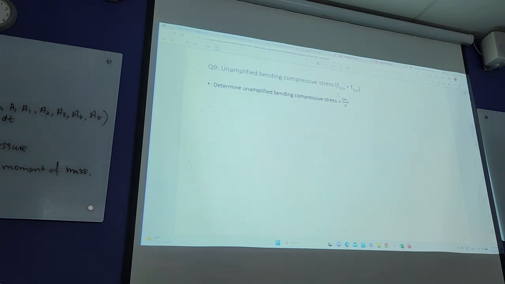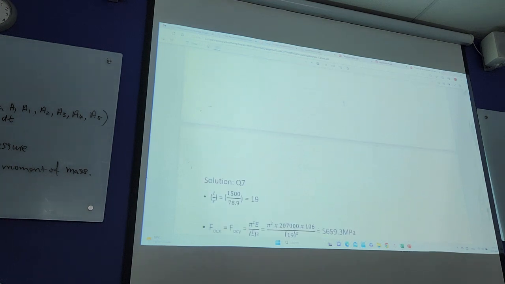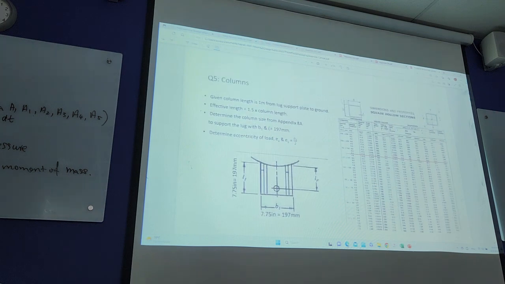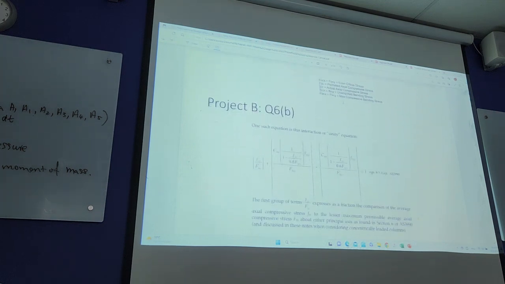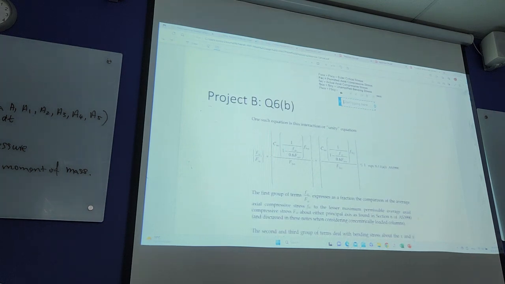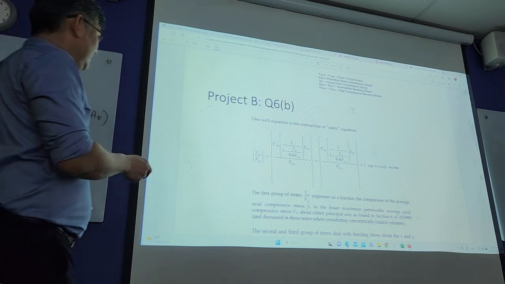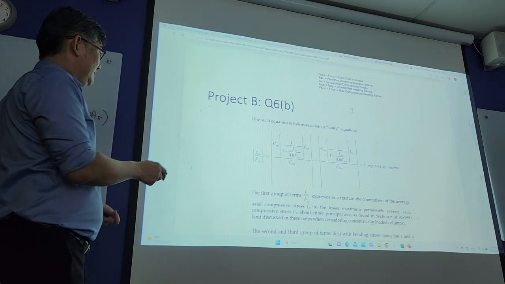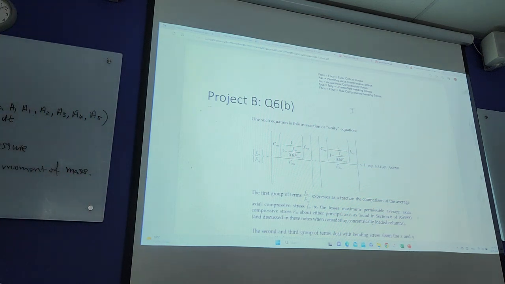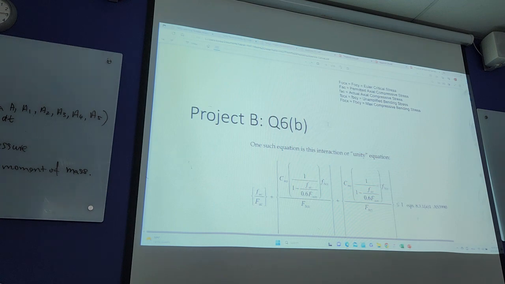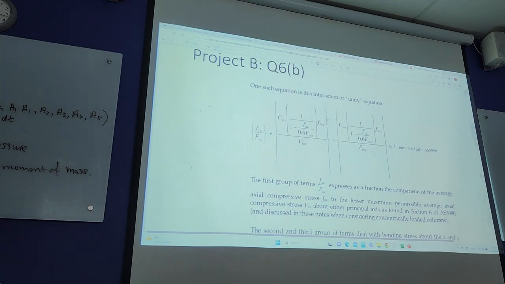If you wonder why we need this, you can see FBC, right? FBC, small letter f. Alright, so this is a part that you have to plug in. FBC. This part, this part.